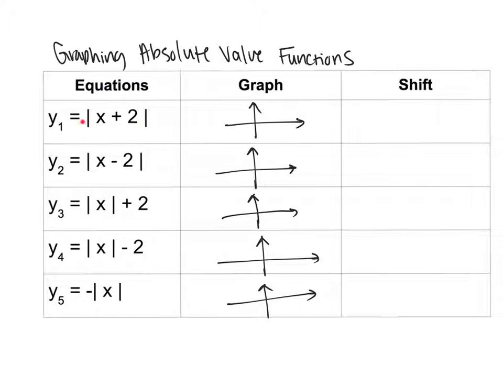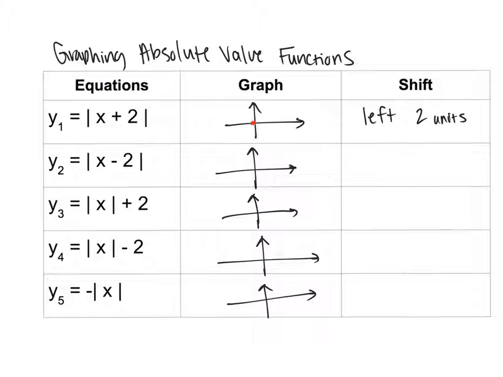So these two actually help us figure out the horizontal shift. So whether you're going left or right. So whenever it's a positive sign on the inside, you actually shift left. And in this case, you shift left 2 units. And so what that will look like, do you remember that origin, the vertex starting at the origin right here?